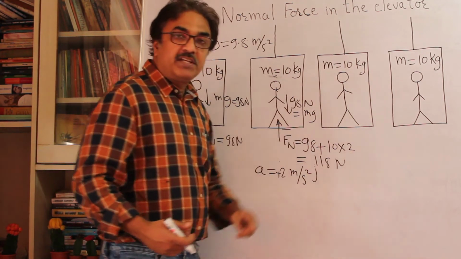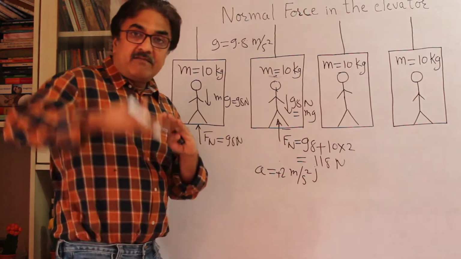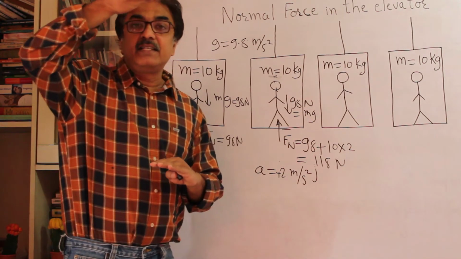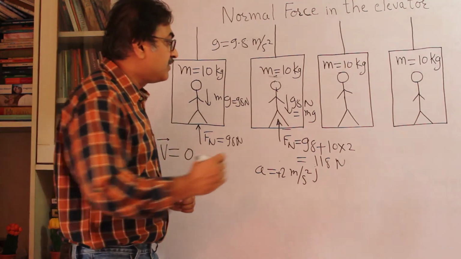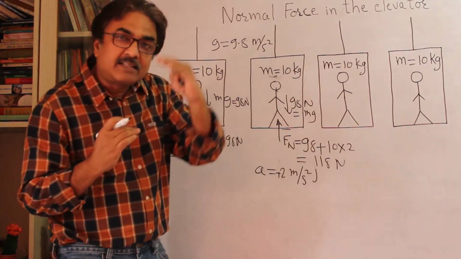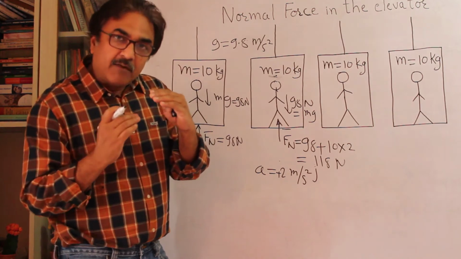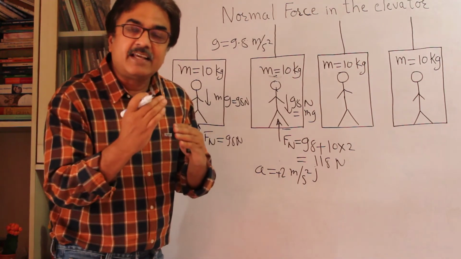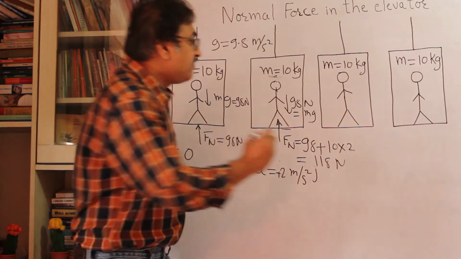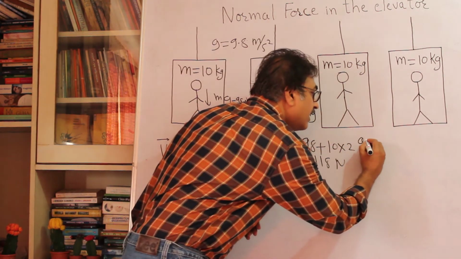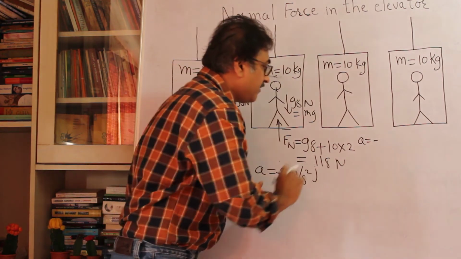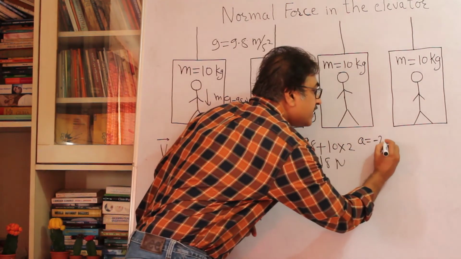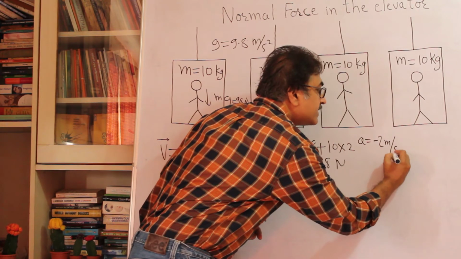Okay, let's come to this. Now let's assume that this person is near the floor at which he or she wants to get down, and let's say now the lift is decelerating. That means in upward direction its velocity is decreasing, right? So acceleration is now negative, and we'll choose again minus 2 meters per second square.